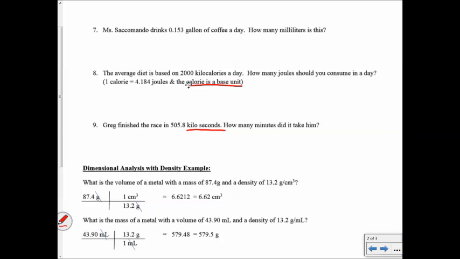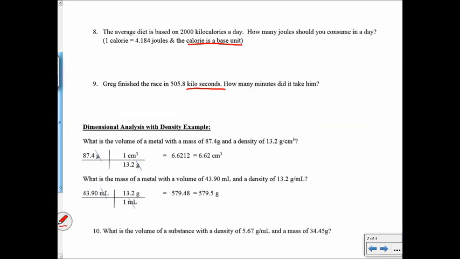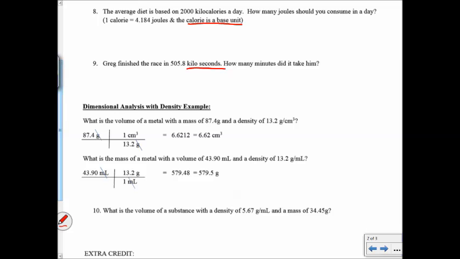Now what I wanted to show you here is using the dimensional analysis with density example. What is the volume of a metal that has a mass of 87.4 grams and a density of 13.2? Now I did the setup for you, but let me tell you why this works.